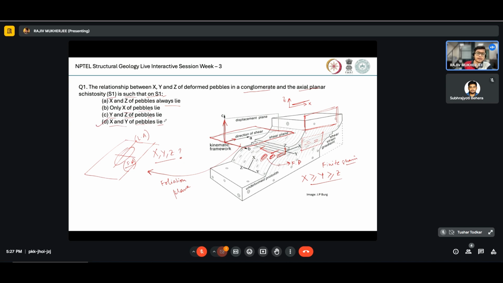So if the long axis of the pebble is equivalent to x and the short axis is y, on the section, this is the S1 plane, then we will see these pebbles like this.